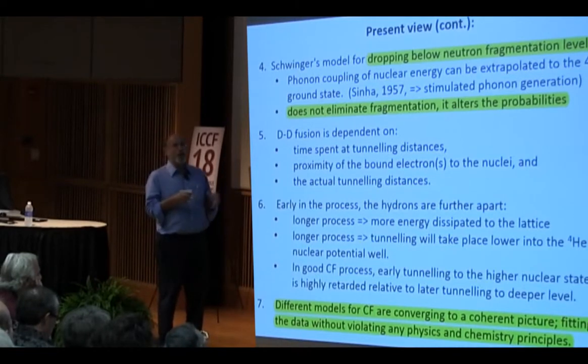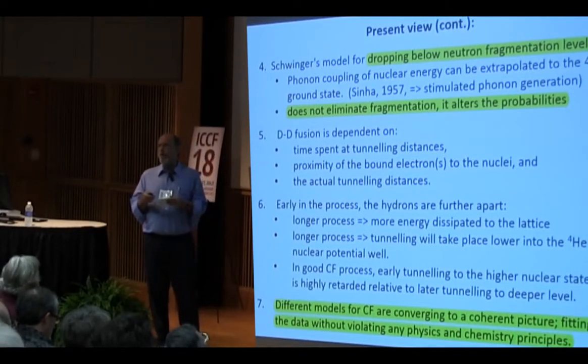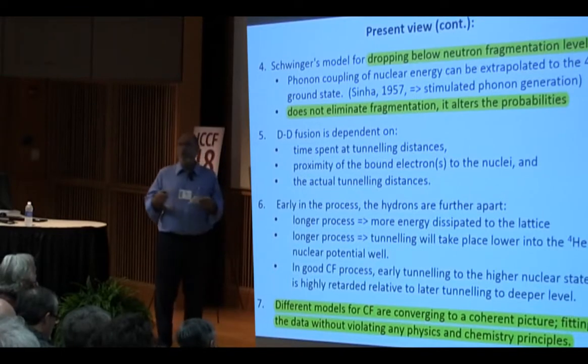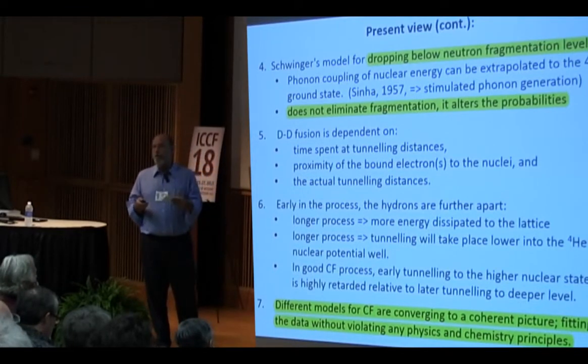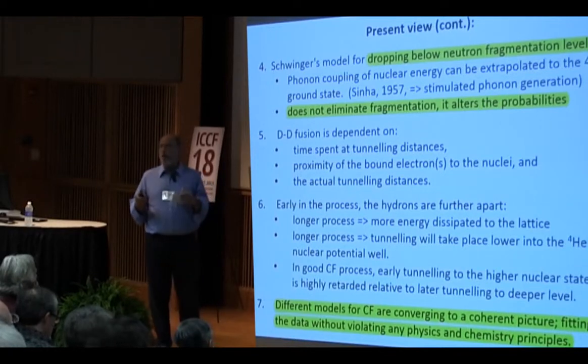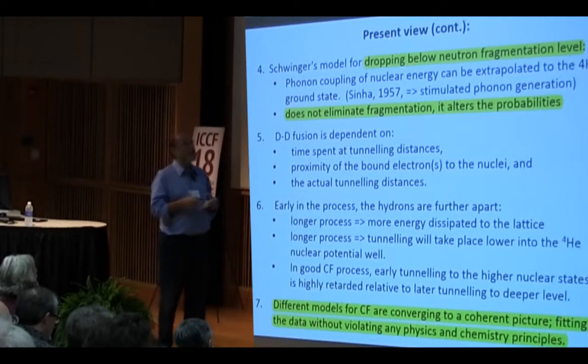And if you have the linear model and use Schwinger's approach, you're able to dissipate nuclear energy before you actually have fusion. So again, you're able to get beneath the fragmentation level. And Schwinger was mainly trying to get rid of the neutrons, but extending his model allows you to get rid of, and actually get below the proton fragmentation level as well.